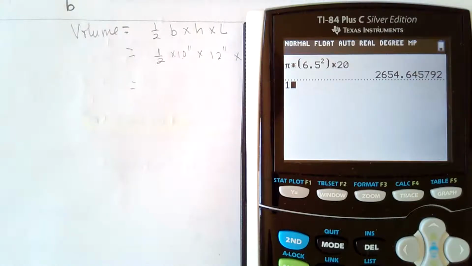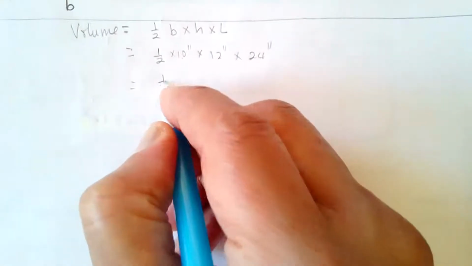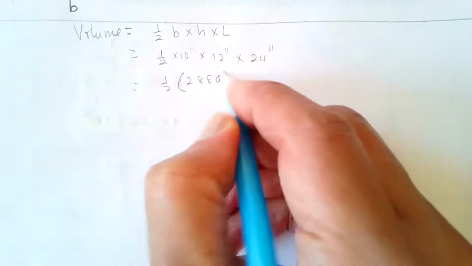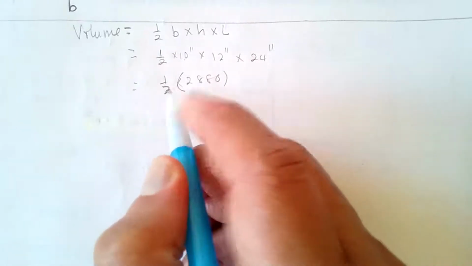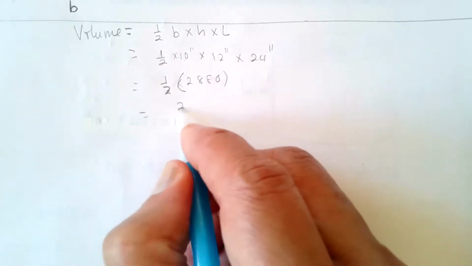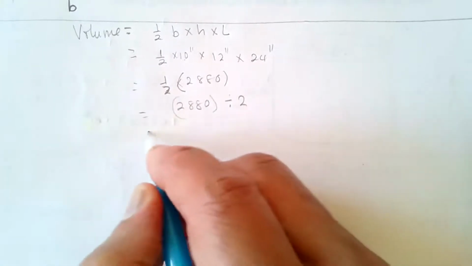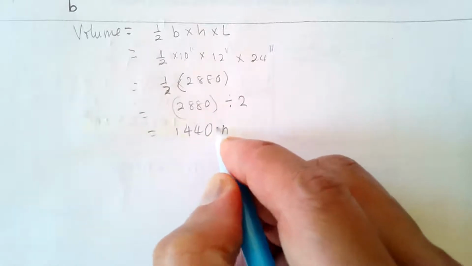So we have 10 times 12 times 24, 2880. So we have half, I'll put that here, 2880 divided by 2, which is 1440 cubic inches.